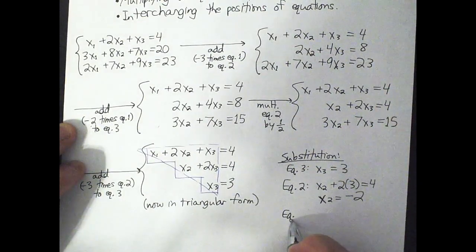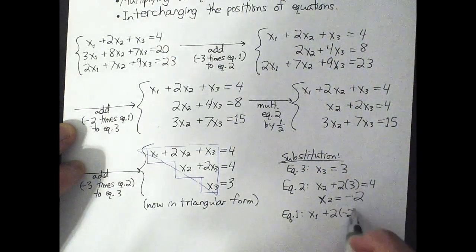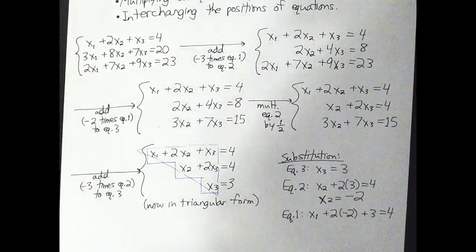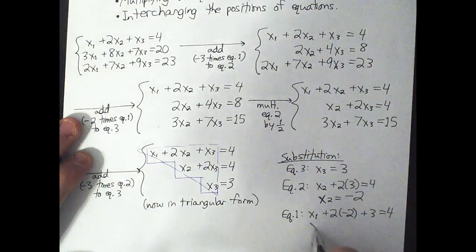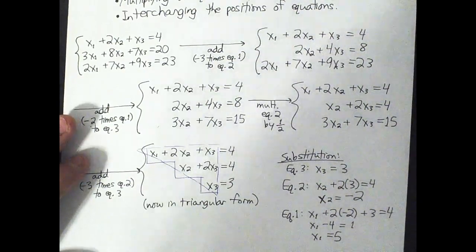So now we're going to use equation 1. And it says x1 plus 2 times negative 2 plus 3 is 4. Let's see whatever this gets us. x1 minus 4 equals 1. So x1 equals 5.